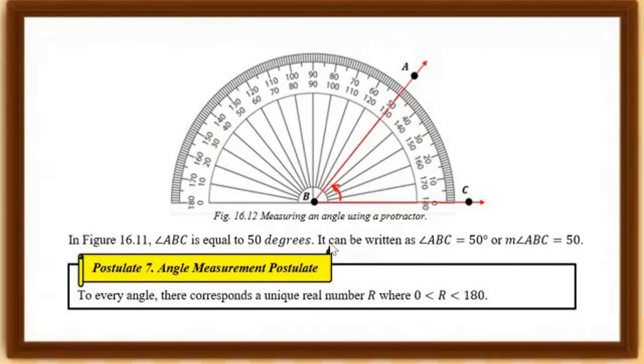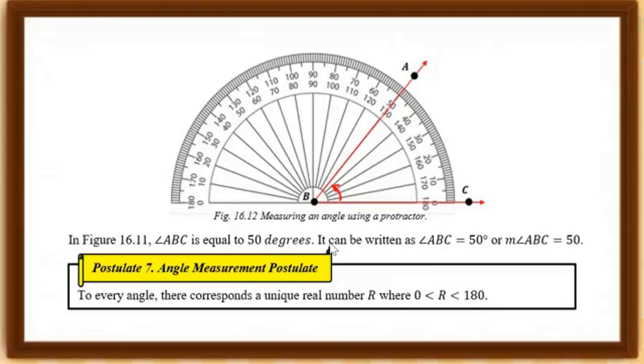In the figure, angle ABC is equal to 50 degrees. It can be written as angle ABC is equal to 50 degrees, or the measure of angle ABC is equal to 50.